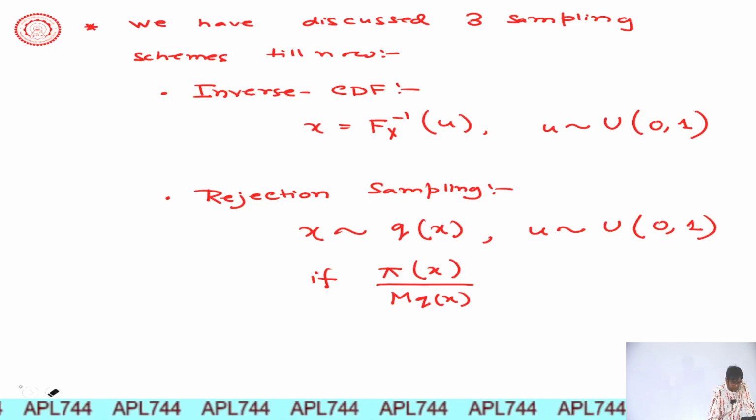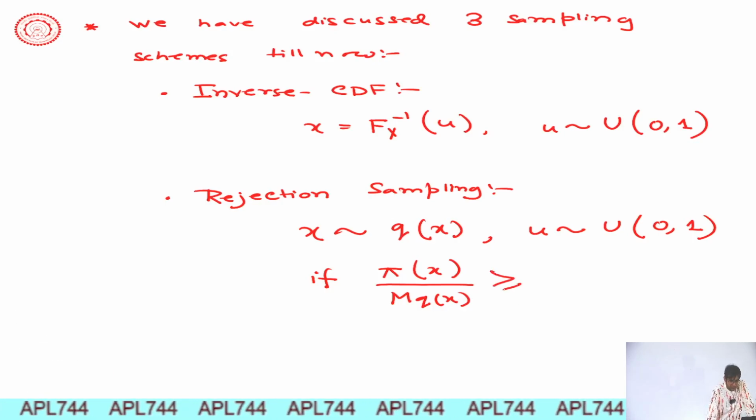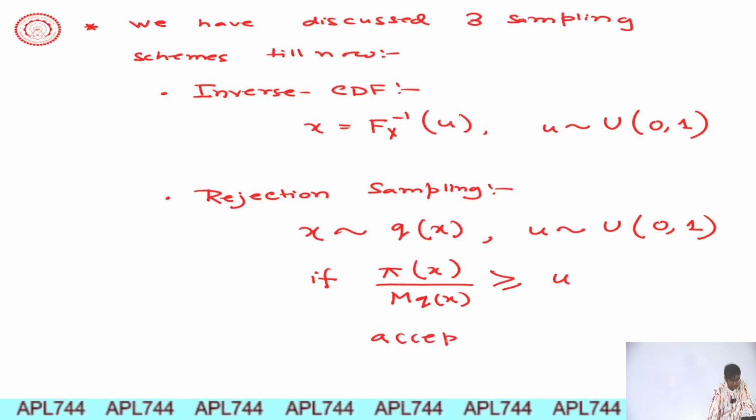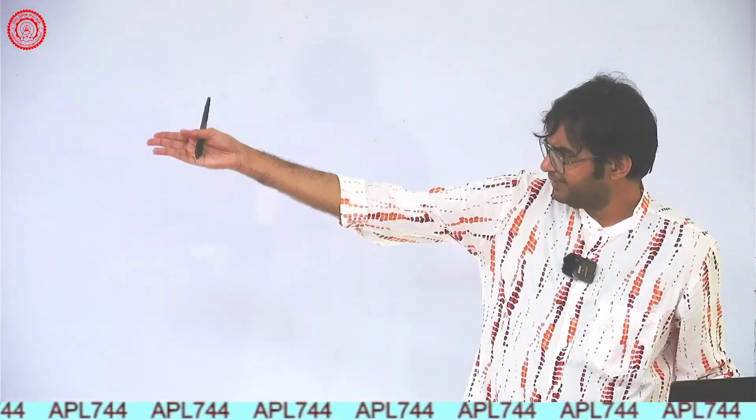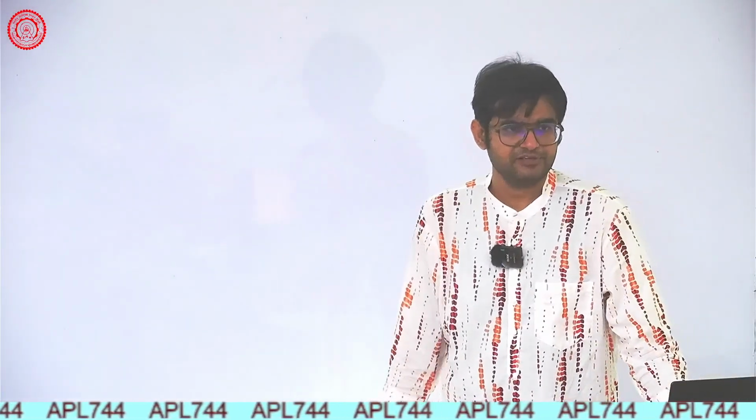This will become greater than equal to in that sense. Greater than equal to u, then you accept, else you reject, right? And you accept with a probability, and the probability is the ratio that you see in the top, right?